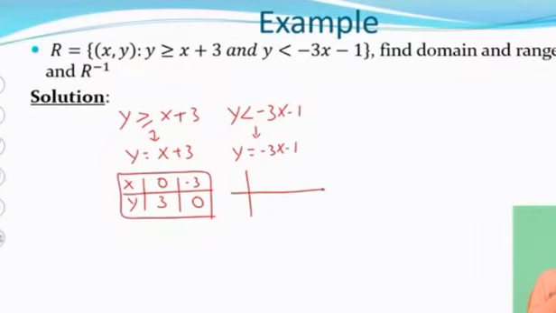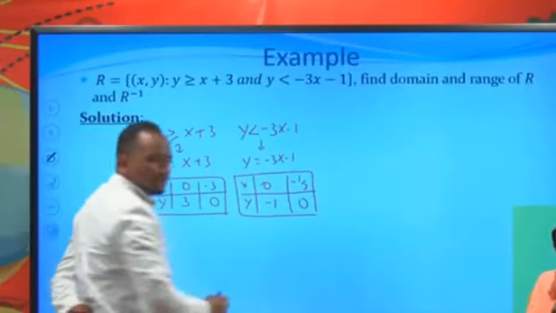Take the intercepts: when x is 0, y becomes negative 1, and when y is 0, x will be negative 1 over 3. Then draw the graph.